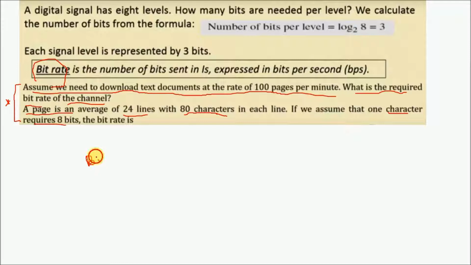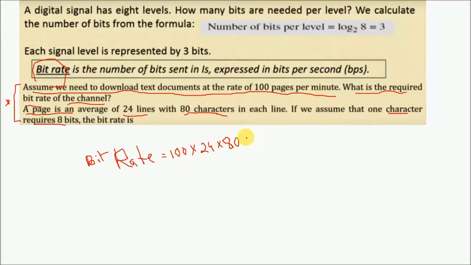So we can find out the bit rate. How many pages are there? 100 pages, and in every page how many lines are there? 24 lines. So 100 multiply 24, and every line has how many characters? 80 characters.